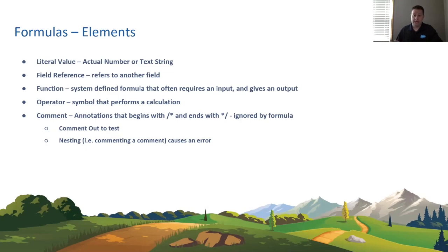So one thing I didn't know about comments is if you comment out a comment, it actually creates an error. So they call it nesting comments. If you're just going through and quickly commenting everything and you already had a comment in there, you can't comment out a comment, or it will create an error on its own. And then just as a practice, commenting out is a good way to test different segments of the formula.